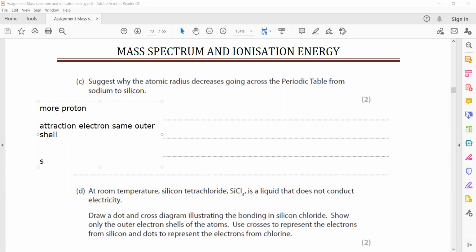So there is greater attraction towards the nucleus, so the size decreases.